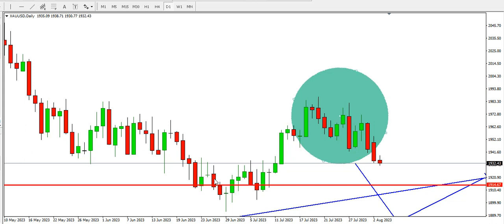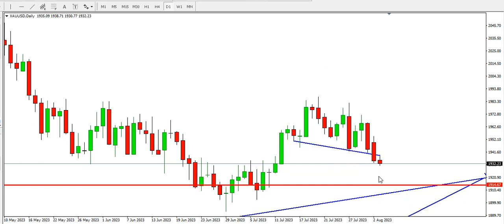What we have is an inverted head and shoulders around here, but around here we have a triple top. This is the first top, second top, third top, and the neckline has been broken already. Price is dropping. Price might drop to the 1914 area.